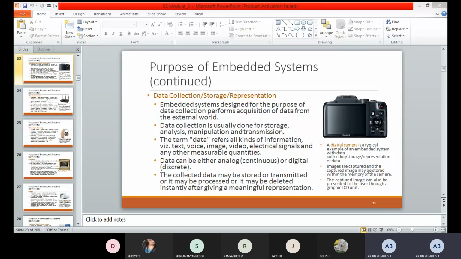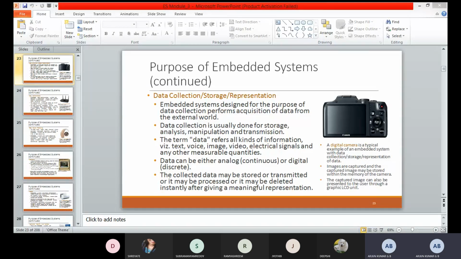Embedded systems with analog data capturing techniques collect data directly in the form of analog signals, whereas embedded systems with digital data collection convert the analog signal to digital signals using an analog to digital converter. So the embedded system can be used for the conversion of analog to digital.